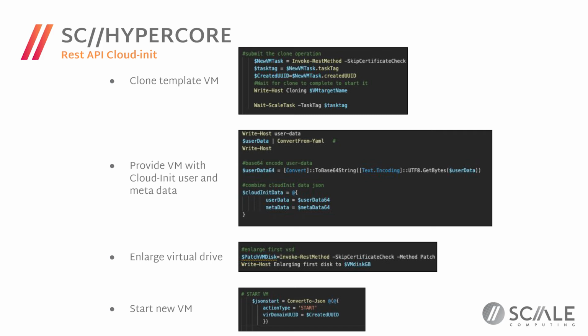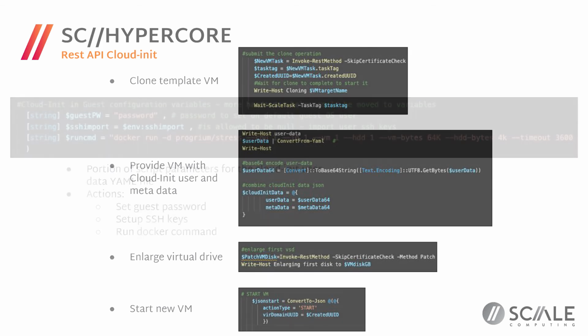It will provide that new VM with its Cloud-init configuration information, expand the virtual machine's virtual disk, and then power on that VM. After the VM is powered on, that is where Cloud-init will take over and begin to configure that virtual machine.